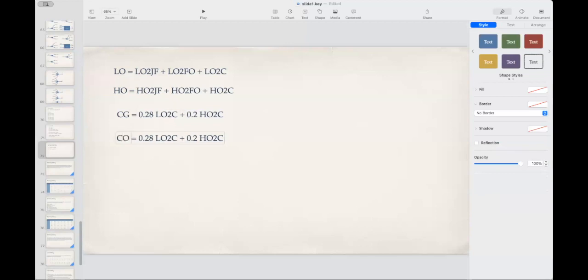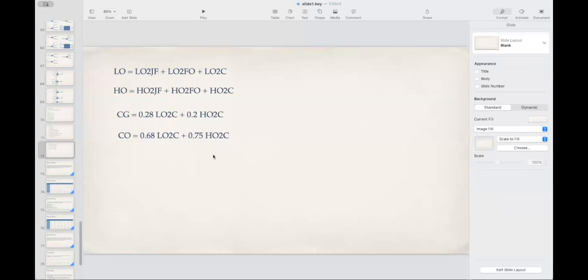We have CO. Tell me the coefficient here. 0.68, yes, of light oil. Yeah, this one is correct. 0.75, this one, right? Okay, because the cracker takes the light oil and heavy oil, and it produces cracked gasoline and cracked oil.